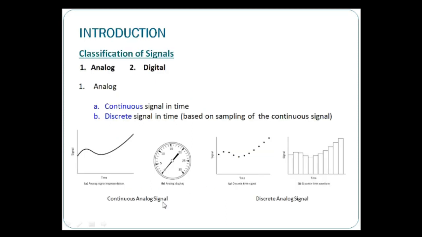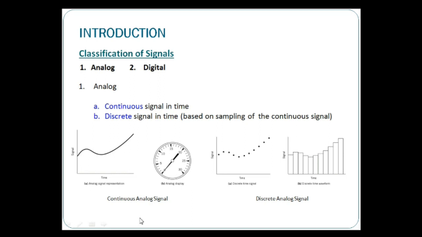Right, so we look at the classification of signals first. Okay, we have analog and digital signals, two types. So analog, of course, you know, is a continuous signal in time. So it's like what you have seen here, continuous signals in time, and you could have this analog signal display representations.